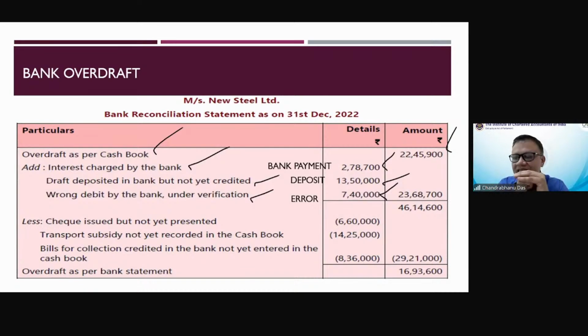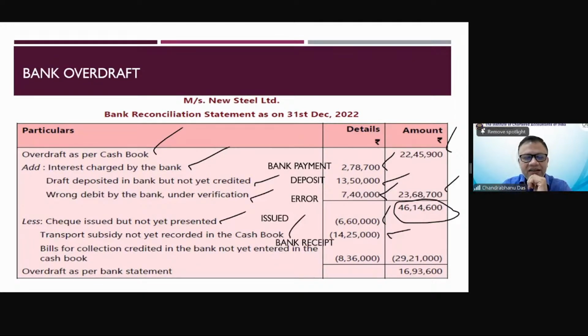So you have added the check deposited because you want to increase the balance of your cash book to reach the passbook. Then less check issued but not presented. Transport subsidy not yet recorded, and bills for collection is bank receipt 8,36,000. So your bank overdraft as per bank statement.